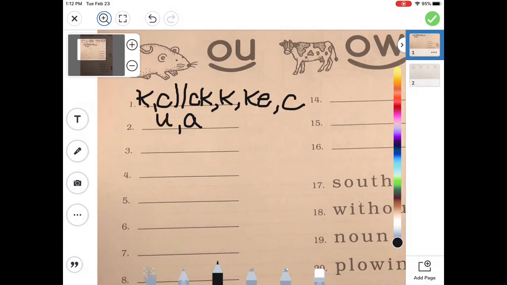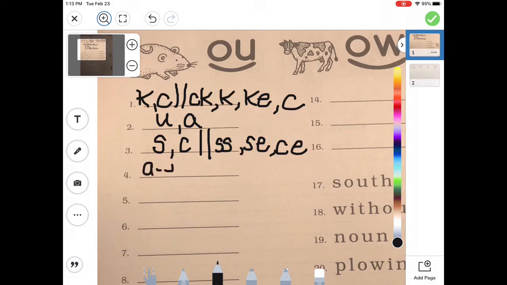What about the s sound? S, very good. What other letter can make the S sound? Soft C, that's right. And then ending SS, you can have SS, remember? SE or CE can make that S sound. All right, what about A if I want to spell the A sound?